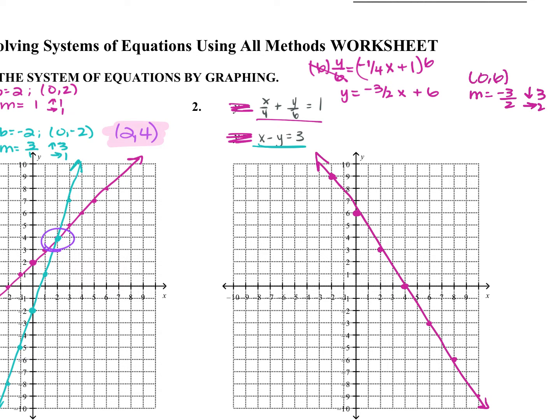We solve for y. I'm going to move the y over first by adding it so that way it's positive, and that would just give me x is equal to 3 plus y. So I can move then the 3 over by subtracting it to work with y is equal to x minus 3. So that one gives us a y-intercept of 0, negative 3, and a slope of 1. So up 1 to the right 1 from that 0, negative 3. Plot that first point, up 1 to the right 1. Can also go down 1 to the left 1.